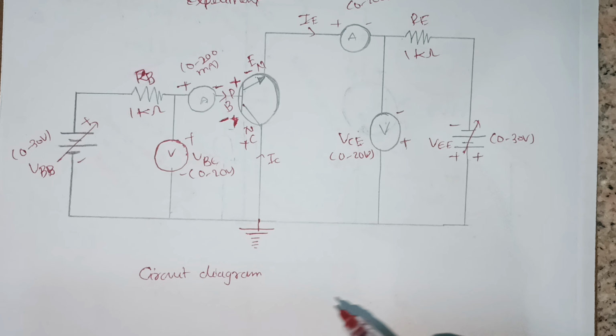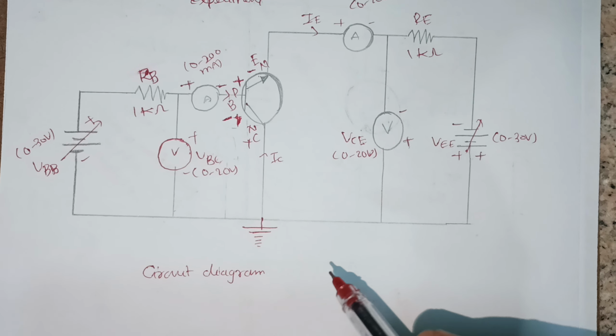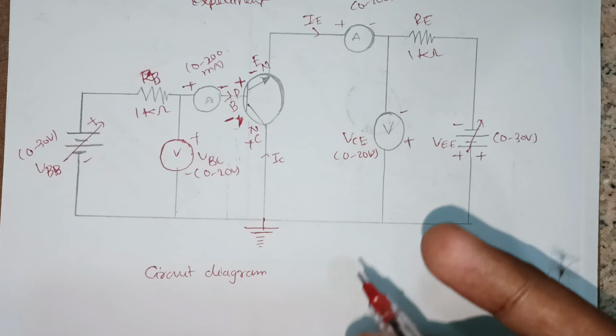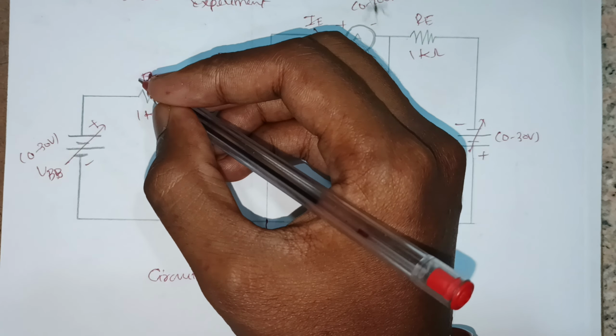This is the circuit diagram of the CC characteristics experiment. In this we use a BJT, for the common collector experiment. The collector is connected to the ground and is common for both emitter and base, so it is said to be a common collector experiment. Here we use a resistor to limit the current flowing.